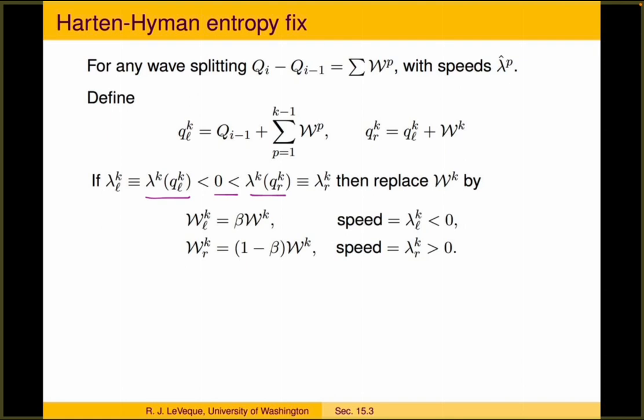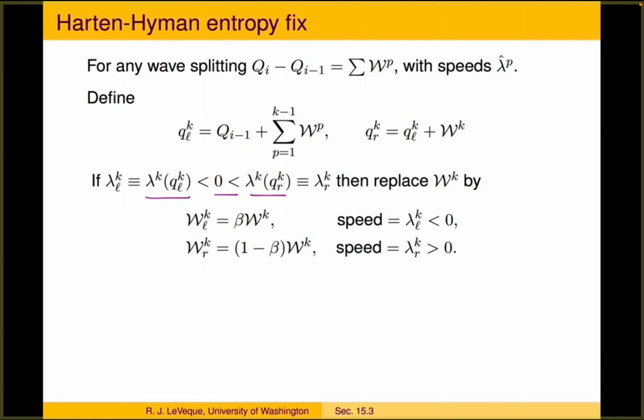That suggests that this wave in the kth family should really be a rarefaction wave, and not just any rarefaction wave, but one that's transonic, spreading across the 0 line. That's the case where we want to replace our jump discontinuity with some smoother rarefaction wave, ideally. But again, we're looking at approximate Riemann solvers, so we don't want to compute the exact rarefaction wave solution.